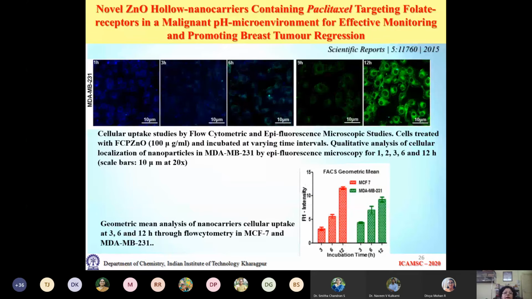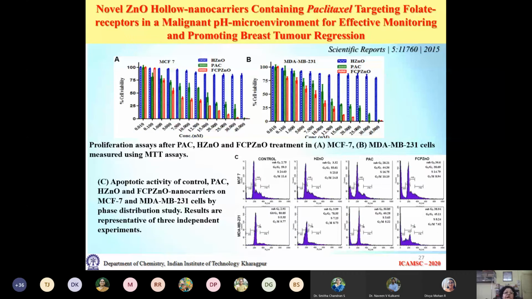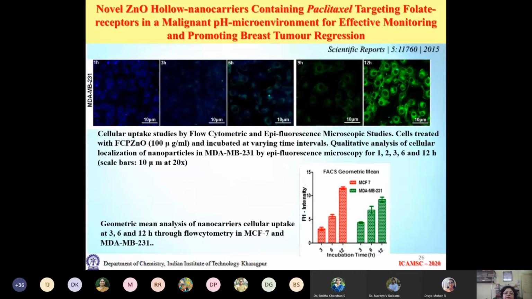And then you can also see the proliferation assay, by which you can find out how these cancer cell lines are being affected. This is the cancer cell line which we have used.